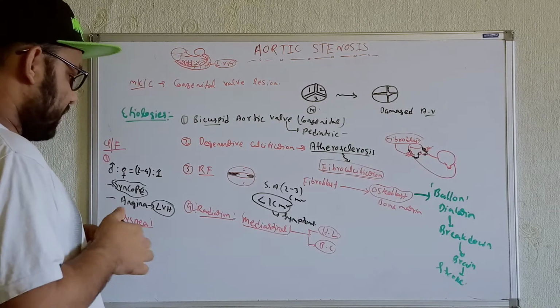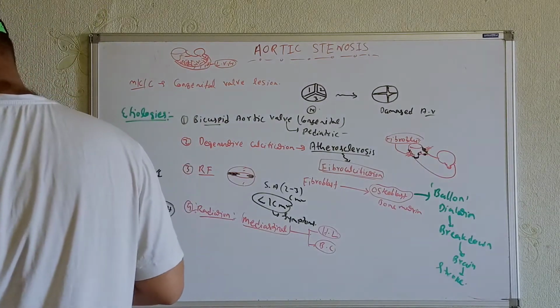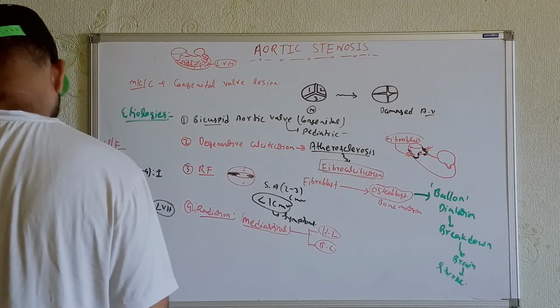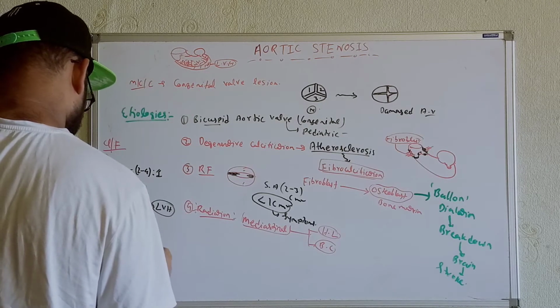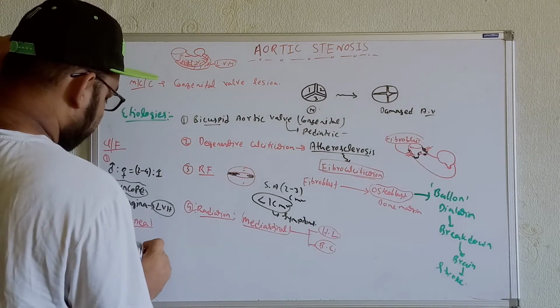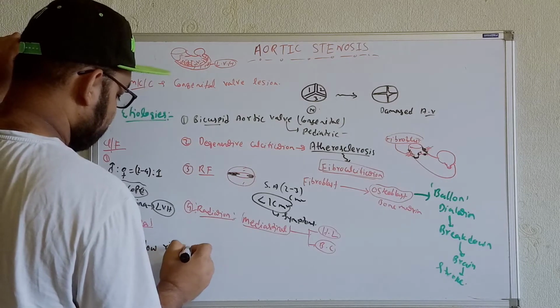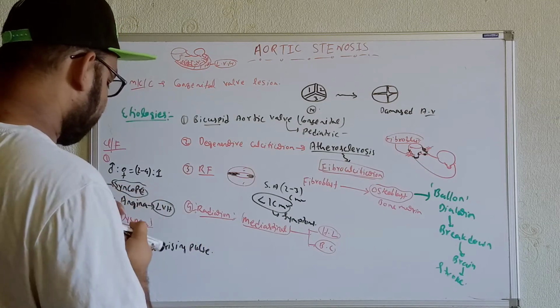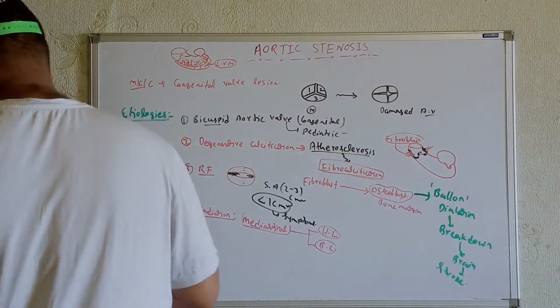Now, as far as the auscultation findings are concerned, in these cases we'll see a slow rising pulse. That means the pulse rises, but the problem is that it rises slowly.